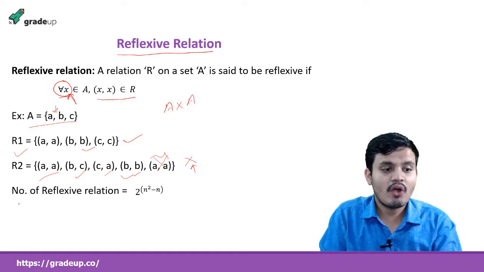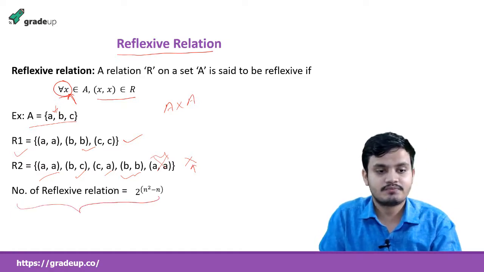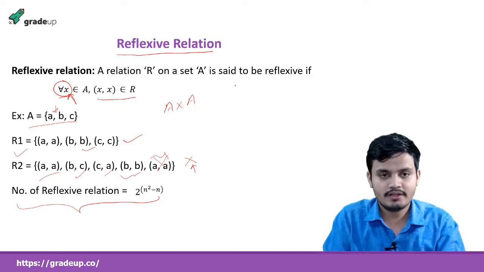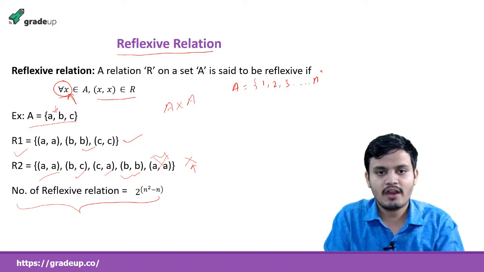Now we need to find the number of reflexive relations. Here is the formula. How will you find the number of reflexive relations? We will try to find it. So let A be equal to {1, 2, 3, and so on till n}. Now what will be A cross A?